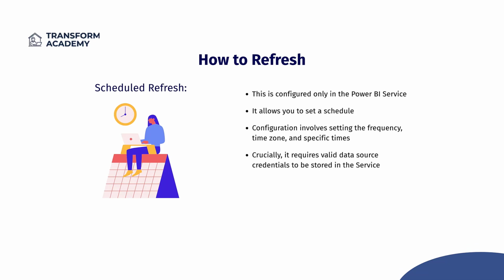Crucially, it requires valid data source credentials to be stored in the service, and if connecting to on-premises data sources, a configured and running data gateway. There are limits on the number of scheduled refreshes per day: 8 for Pro, 48 for Premium.